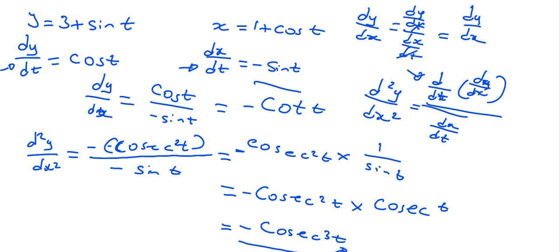Okay, guys, so let's check this. Let's take the equations x equals a cos 2 theta, and y equals a sine theta. Remember here we're supposed to derive first.